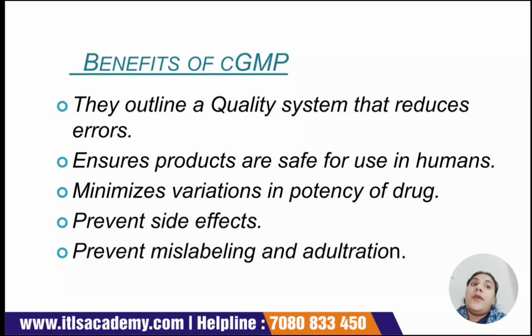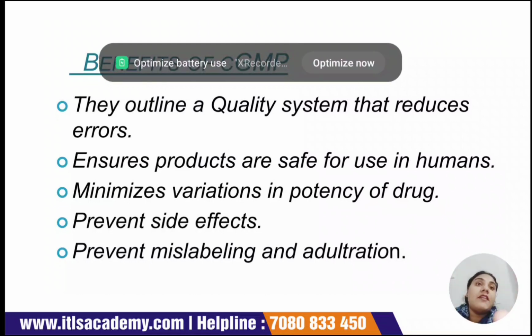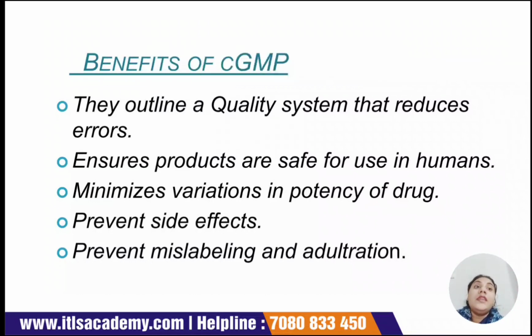Okay, so wherever any CGMP guideline is there in any of the industries, it is reducing the errors. Now, it assures the product is safe for use in humans, means that if the product is being used by humans, it is safe for consumption and effective.